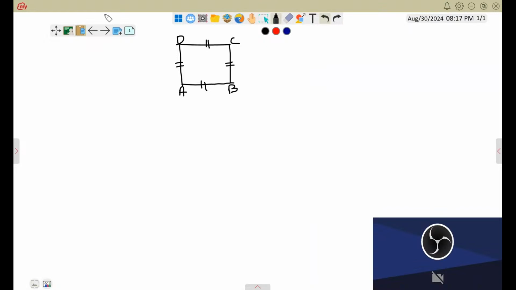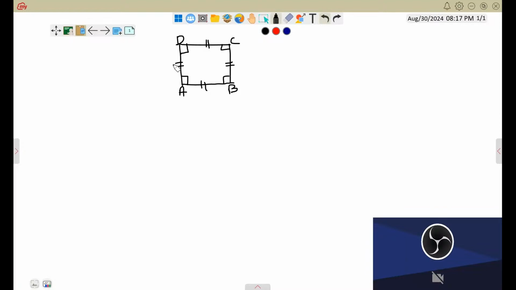Very good. So the question is angle A, angle B, angle C, angle D. All the four angles are 90 degrees. All are right angles. Then ABCD can be called, what do we call this? We call it by three names.